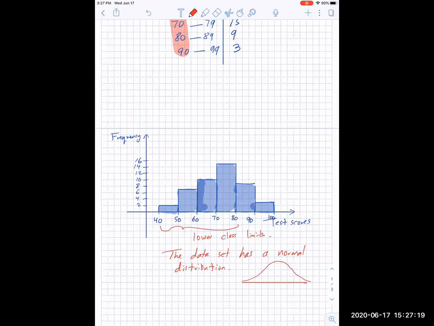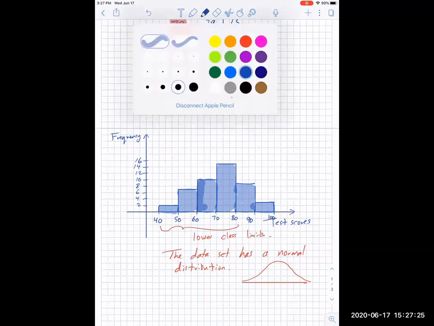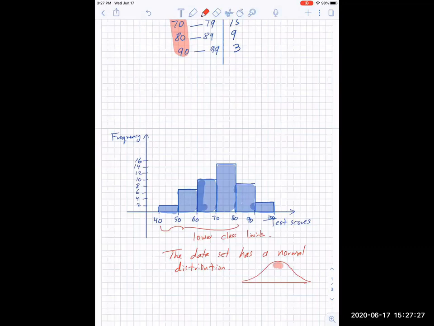The bulk of the data values are in the middle. Notice here how the area is big here in the center. The majority of the data values are in the center of the curve. And then as we go to the left, we have less and less data values. Bell curve.